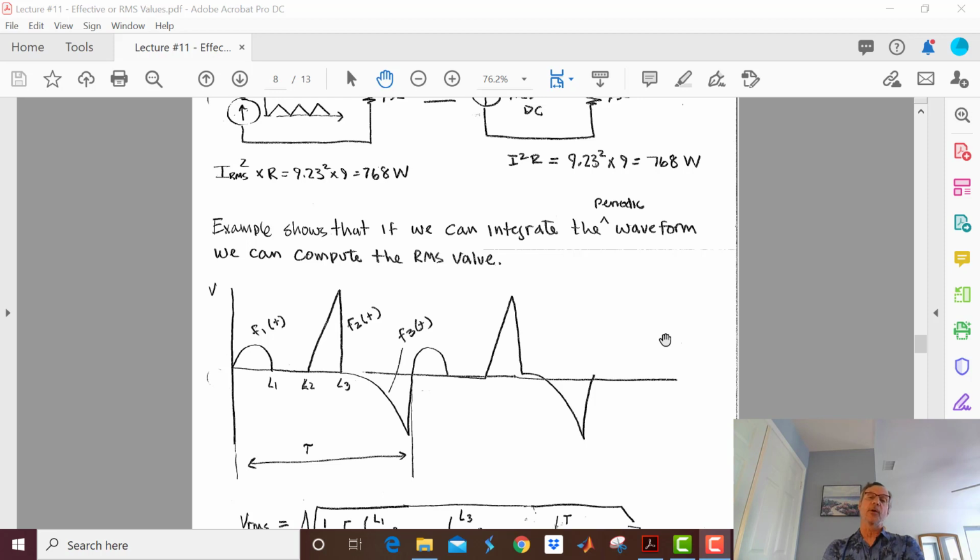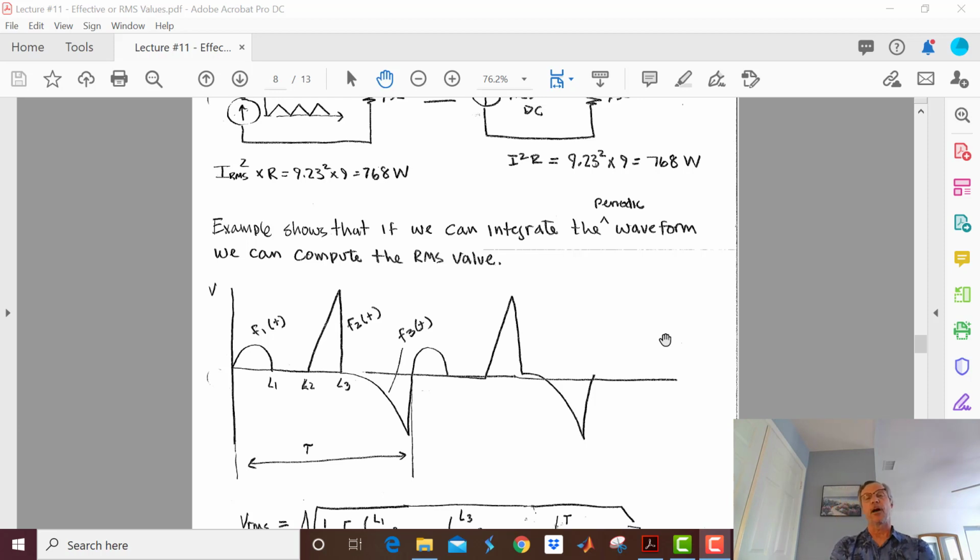Well, one way to do it would be to take that voltage and put it into a resistor and then see how hot the resistor got. Because that is going to give me the power in the resistor. And from that, I know the resistive value, so I should be able to get the effective DC value.